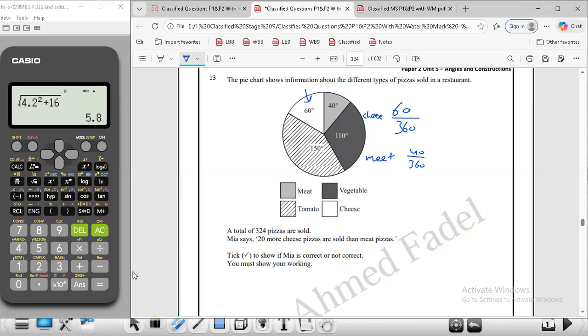Now, how can I find the number of pizzas? Now, I'm going to do this. It is 60 out of 360 multiplied by 324 pizzas. And this is 40 out of 360 multiplied by 324 pizzas. Now I can find how many pizzas are cheese and how many pizzas are meat.